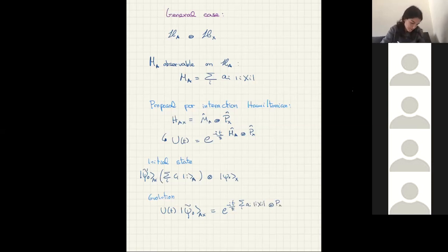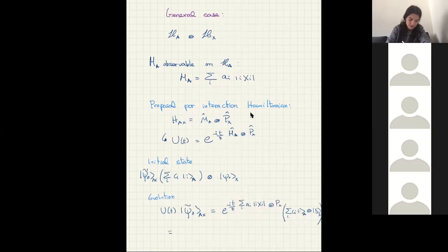And now acting on what? On this thing that we saw there: sum over I, Ci, I on A, tensor phi 0 on X. Good. We can put the brackets on the inside like this. Okay, so now we have to see how this exponential over two things acts there.